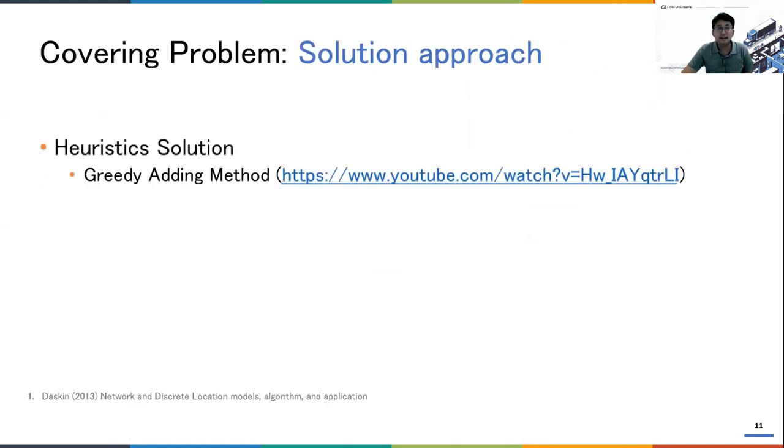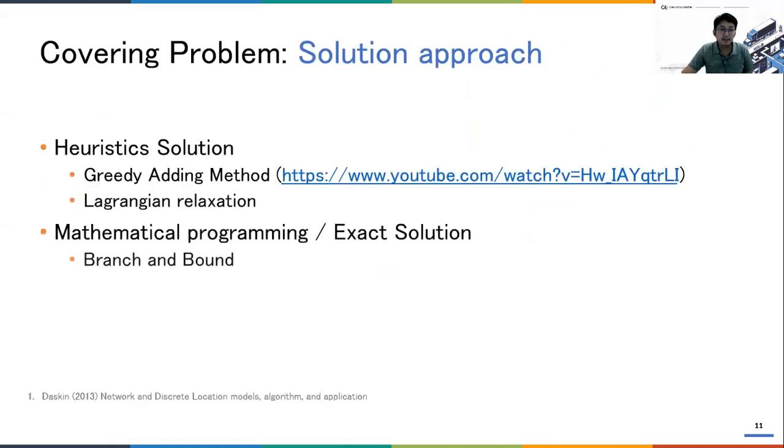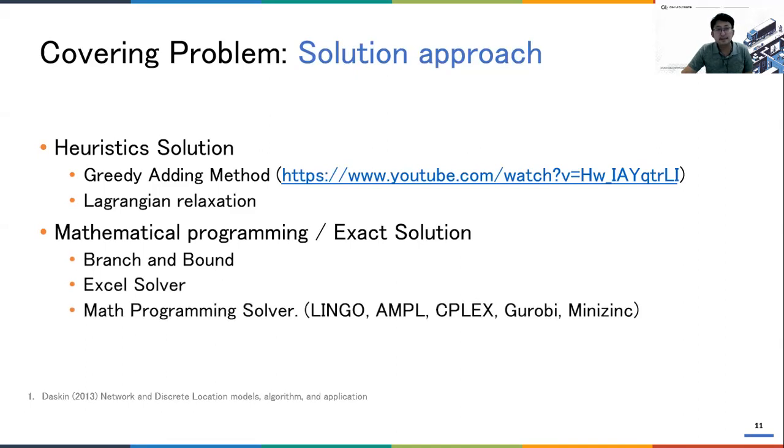Okay. For the set covering approach, there are a lot of ways. If the number of nodes being solved is not many, you can use a mathematical programming approach like branch and bound, or an exact solution approach. Mathematical programming is actually an exact solution approach.